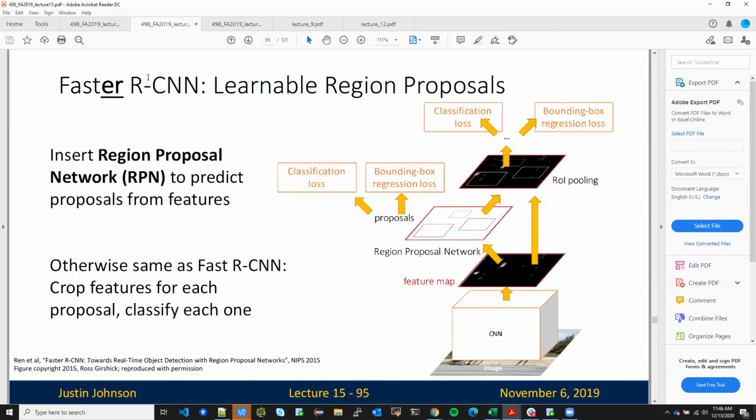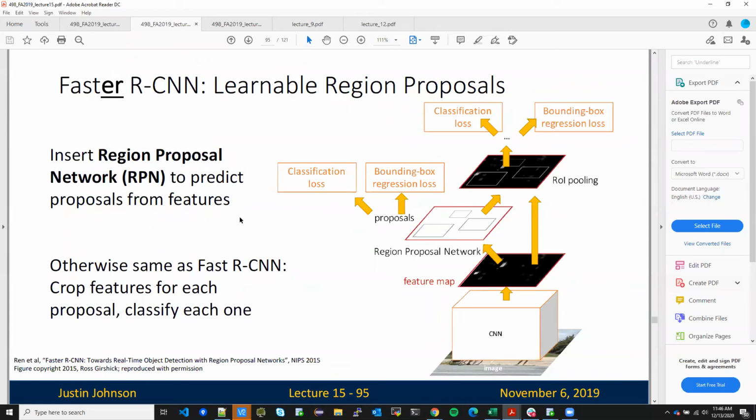That method is called faster RCNN. This is basically where the idea of learnable region proposals was introduced, and they introduced a region proposal network.